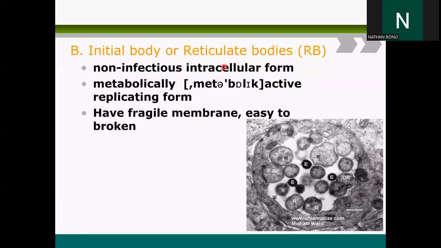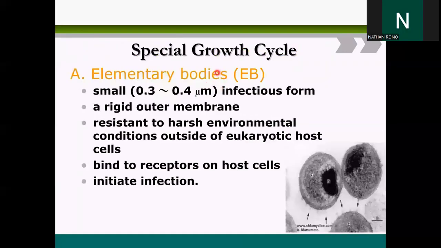But now the reticulate body, or the initial body, is the non-infectious form and it is intracellular. It is the one that is metabolically active and able to replicate. Does it make sense? Because this one is yet to infect the host cell, so it has to be harsh and resistant.